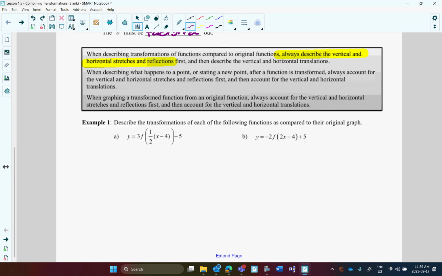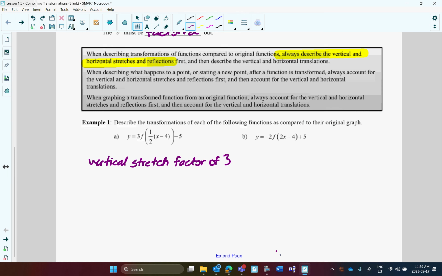Right. Vertical stretch, factor of 3. Stretch. You never shift by a factor. You stretch by a factor. That's it. What's up? Are you giving me another one?